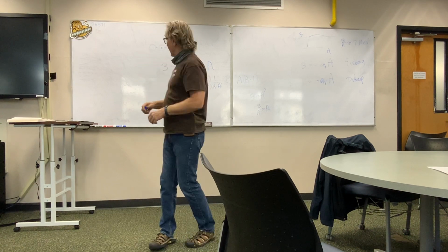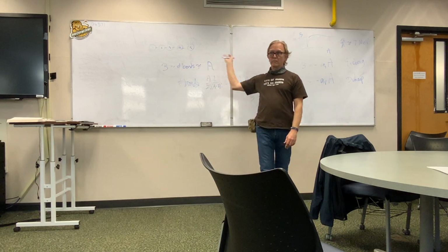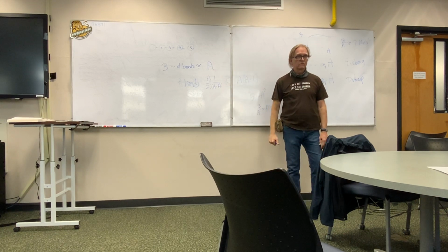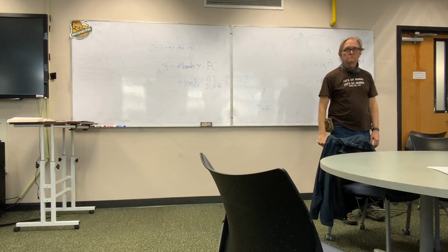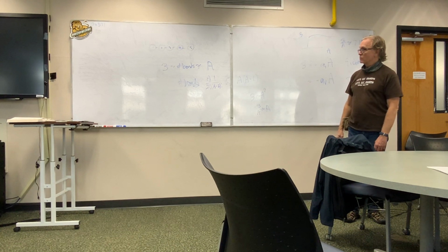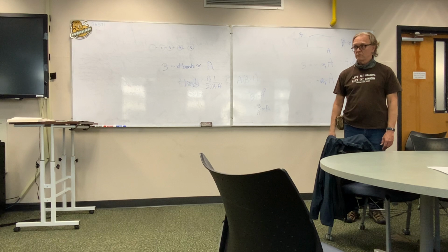And what happens when you get near the end? Think about it in 1 dimension. This happens in 2 and 3 dimensions, but think about it in 1 dimension. Number 2, how many neighbors? 2. Number 3, 2.